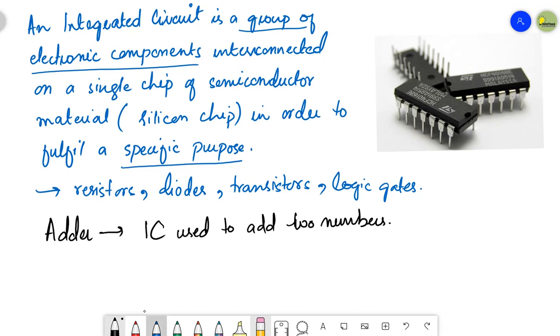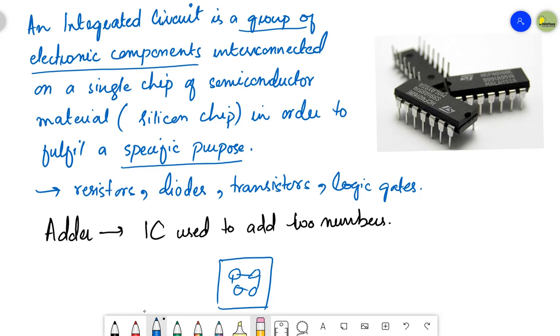Let's suppose this is a circuit. It's a silicon chip in which I have different kinds of components that are connected with one another. I'm not going into the detail of the internal circuitry, because in this video I want to tell you about parallel data transmission in an IC. So it is not related to the internal circuitry.